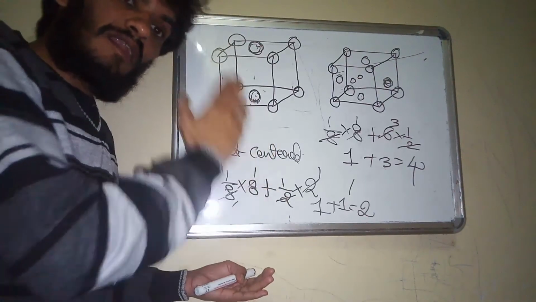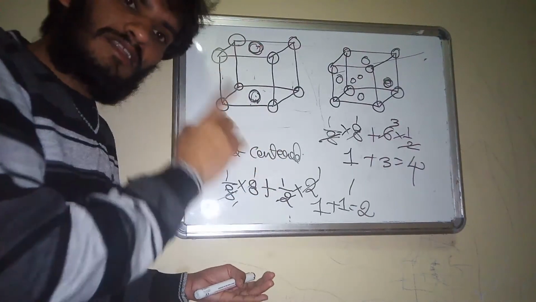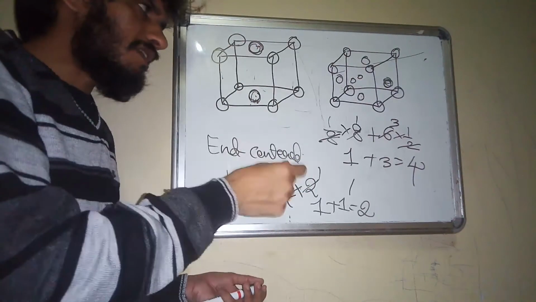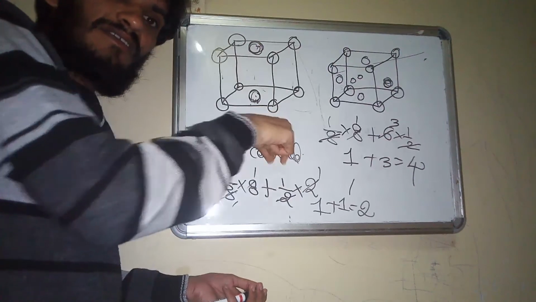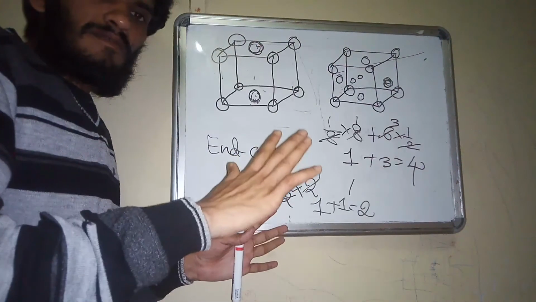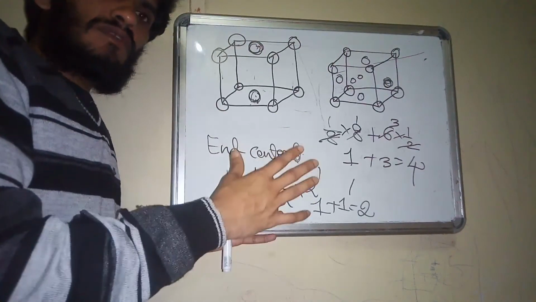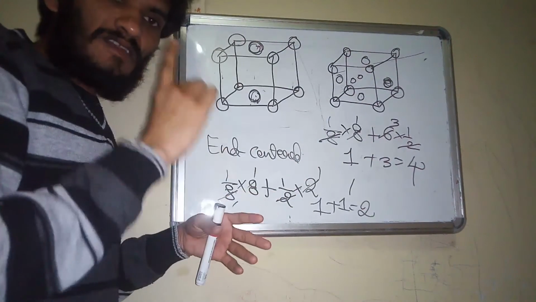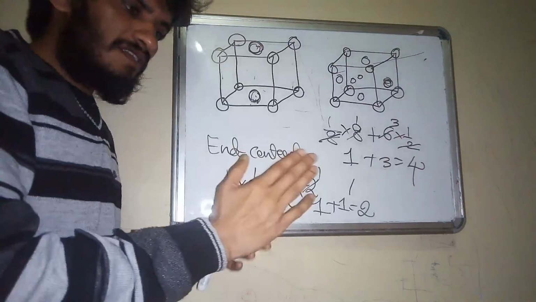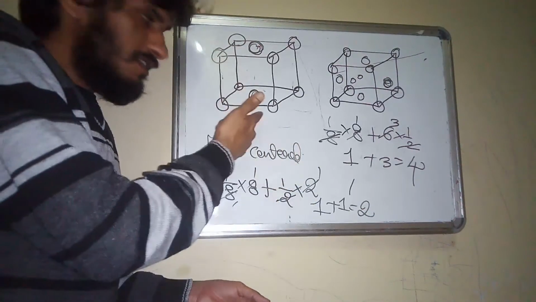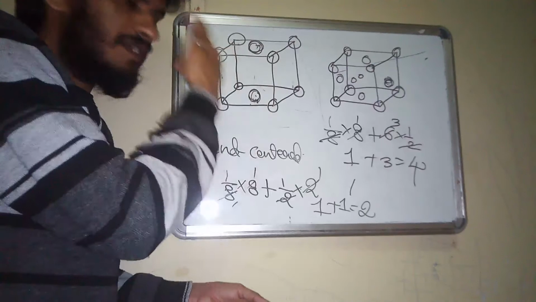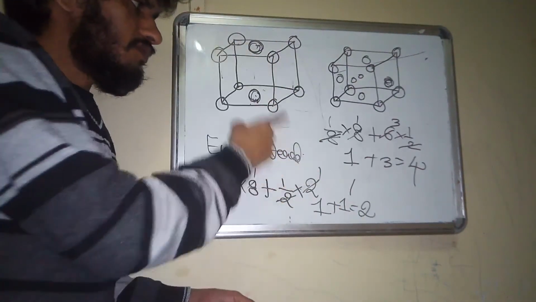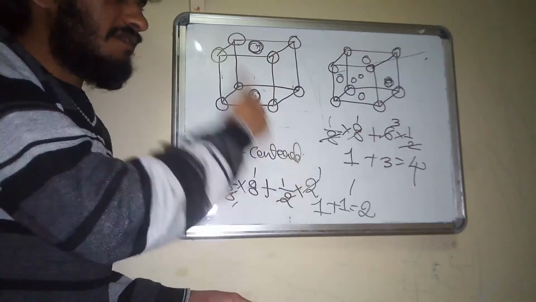Whereas an atom or lattice point or particle present in the body center has a full contribution. It completely resides in that unit cell only. For a corner it is 1 by 8, and for a face center or end center it is half. If any atom is present on a face, the contribution is half. So this you have to remember, very important.